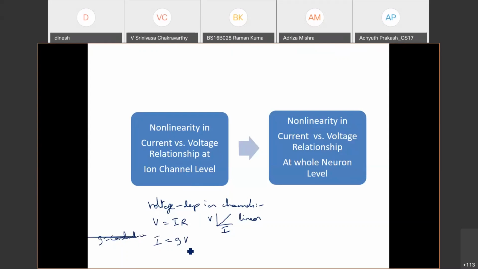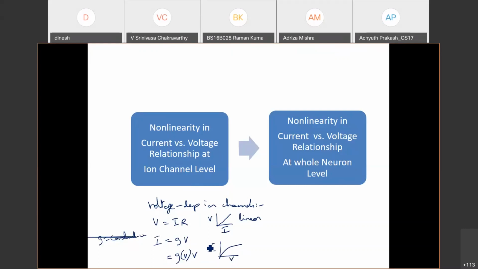And if G itself is a function of voltage, so I equals G of V times V, then whether it is V versus I or I versus V, it's not going to be a straight line. It will be some complicated thing. So it's a nonlinear relationship.